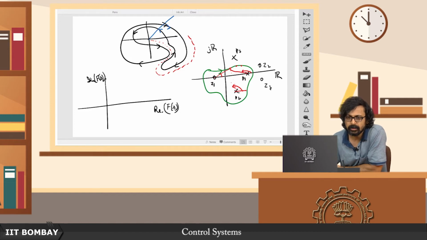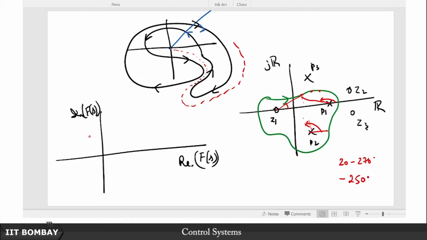So this is some positive angle, maybe some 20 degrees, this is some 170 degrees maybe, and this is maybe some 100 degrees. So 170 and 100 minus 270 because it is in the pole, so it is basically 20 minus 270 degrees, yeah. So it is going to be like minus 250 degrees. Minus 250 means it is going to be in the clockwise direction, so it is 180 and 250 would be somewhere here. So this point S1 will probably map somewhere here, I do not know the magnitude, yeah.